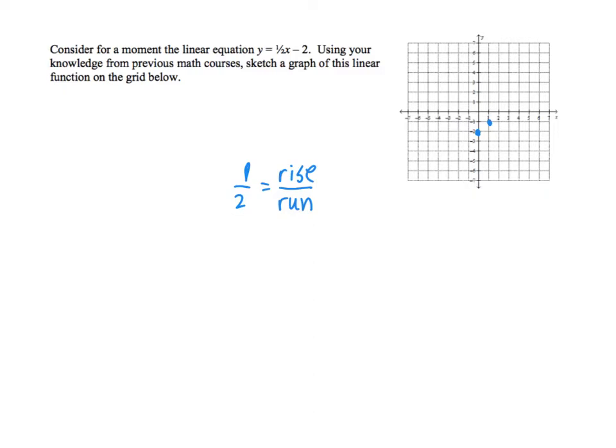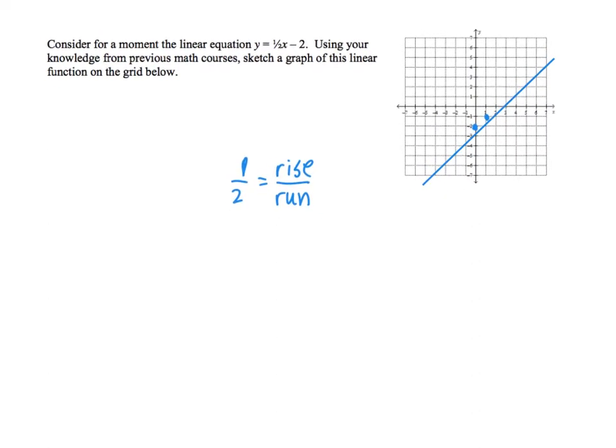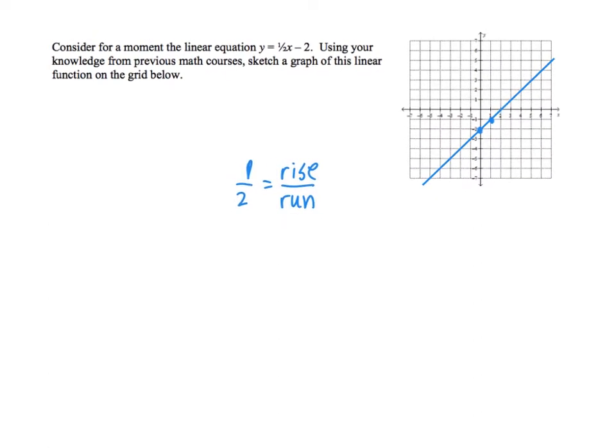And then I'm simply going to draw my line. And there you have it. We put arrows on the end of the line to indicate that it goes on forever.